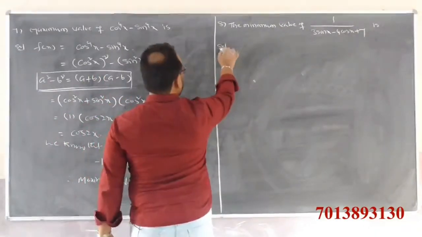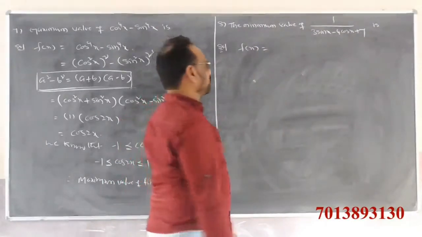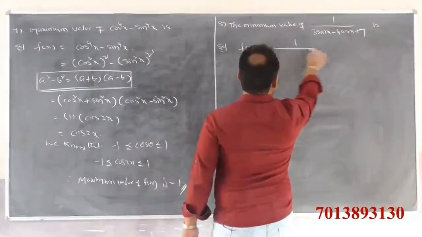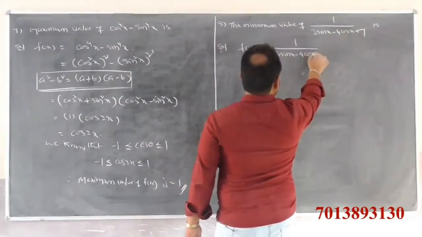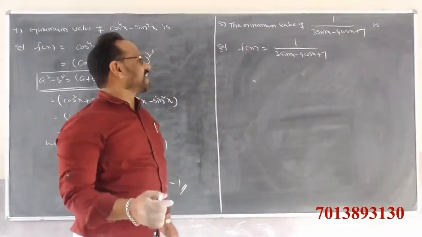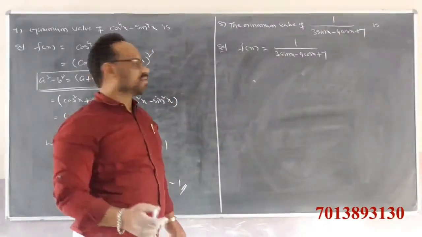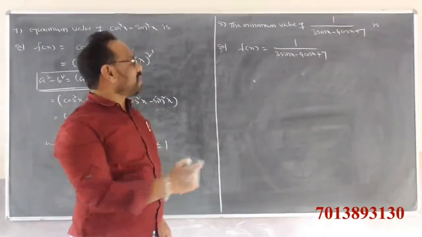8th one solution. They gave the function f of x equals 1 by 3 sin x minus 4 cos x plus 7. We want the minimum value of the given function.